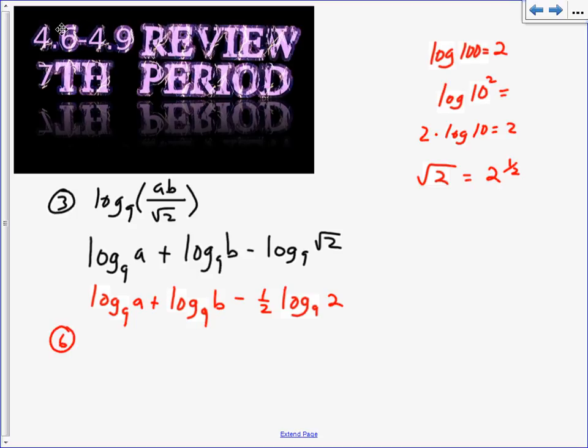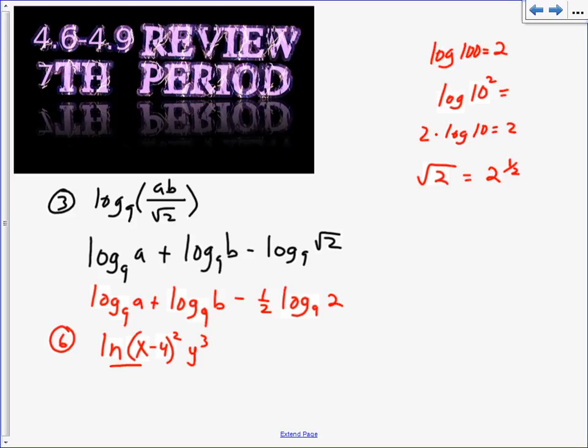Guys, when you condense, you have 1, 2, 3. I have 3 things that have natural log in number 6. So I'm going to go down to 1 natural log. Every time I have a positive, like x minus 4 squared, I'm going to put it on top. 3 times natural log of y is y cubed, on top.